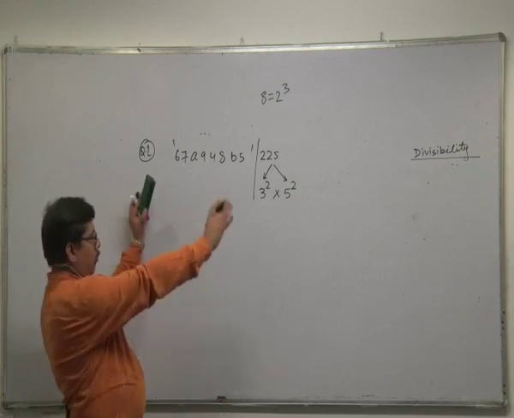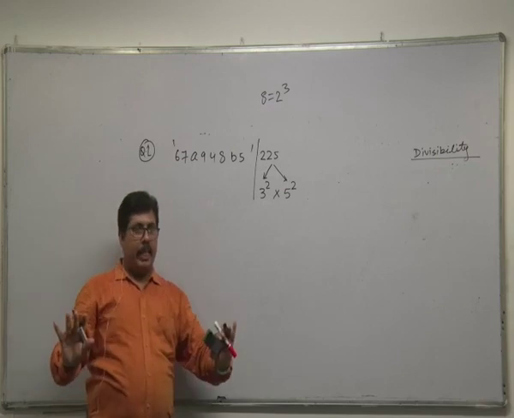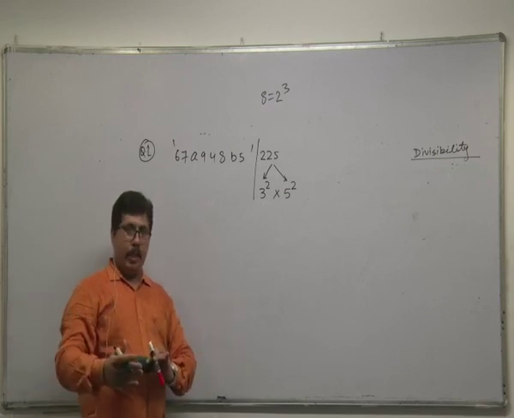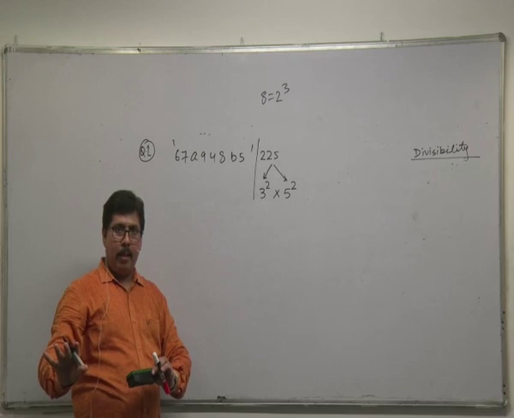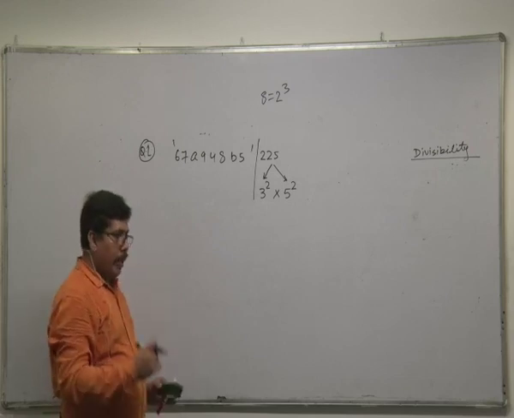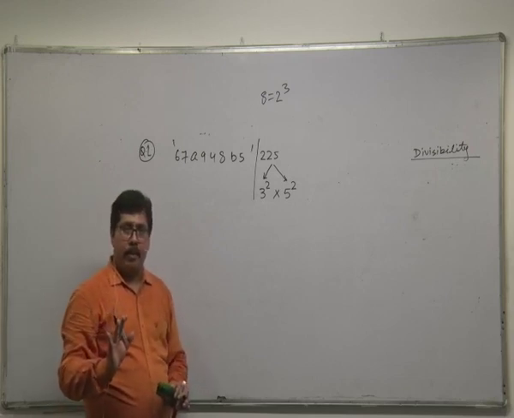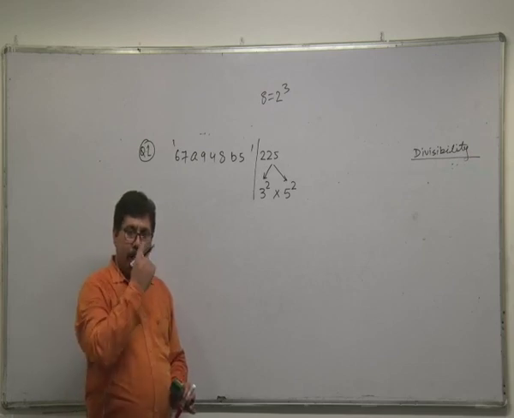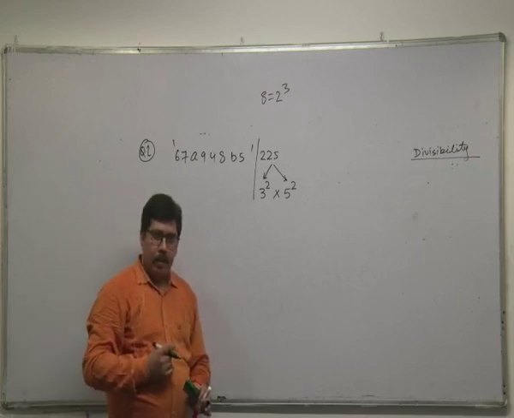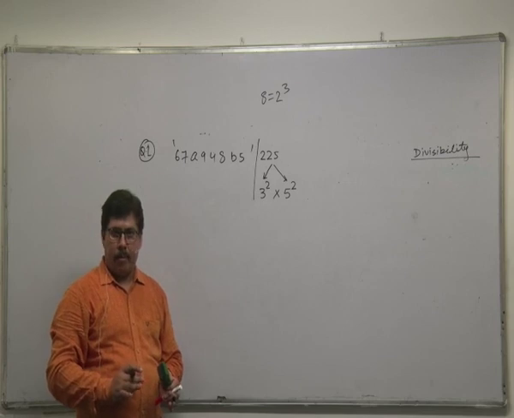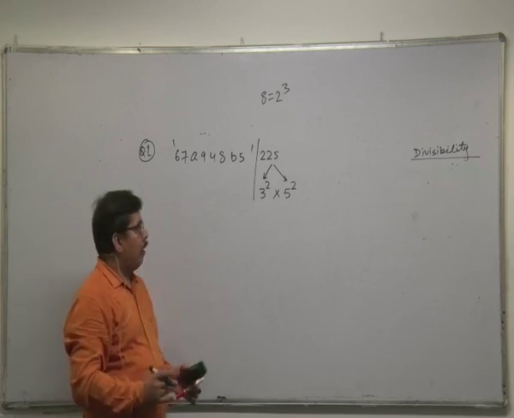I hope the whole question is clear. I hope you understood the first point. Whenever you solve any question, before writing anything, quickly plan the course of action. Don't write anything unnecessarily.